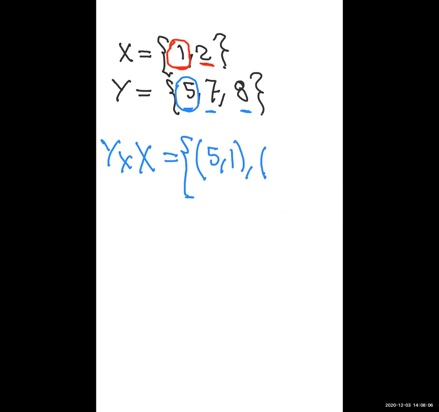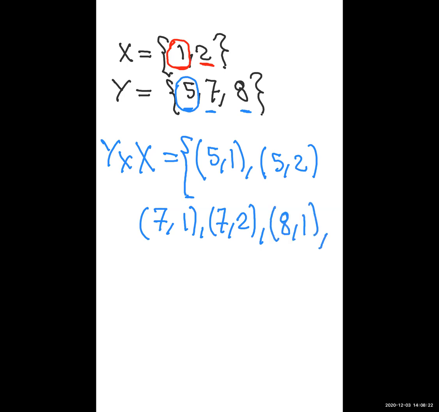Then 5 and 2. Then the next element on y is 7. 7 and 1. Then 7 and 2. Then the last one is 8. 8 and 1. And 8 and 2. So this one is y cross x.